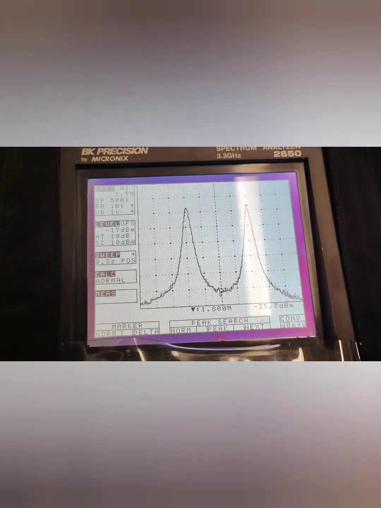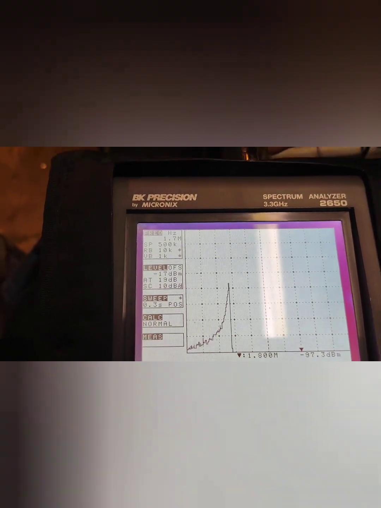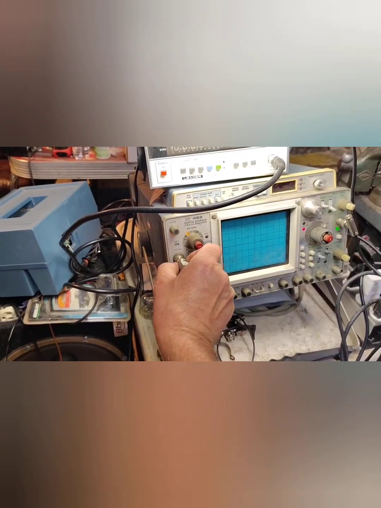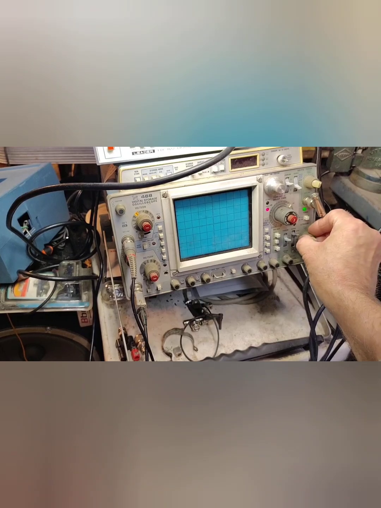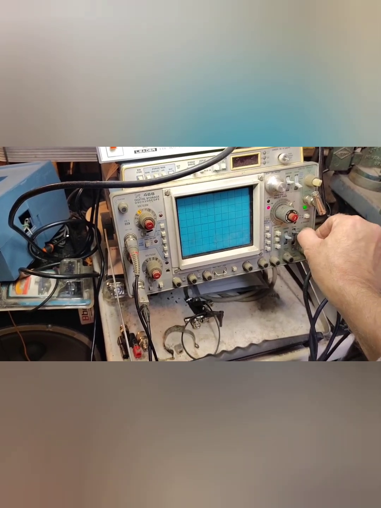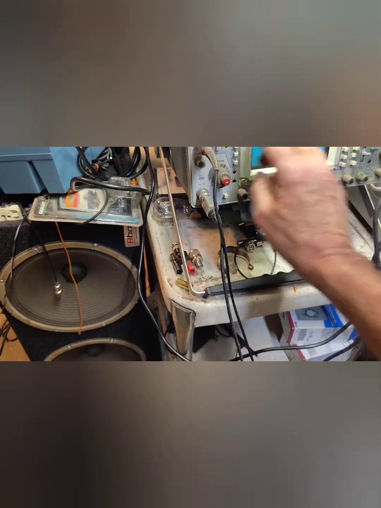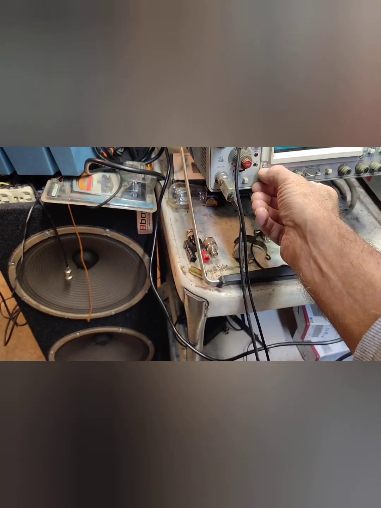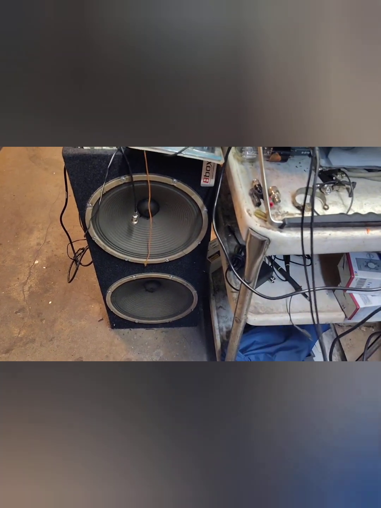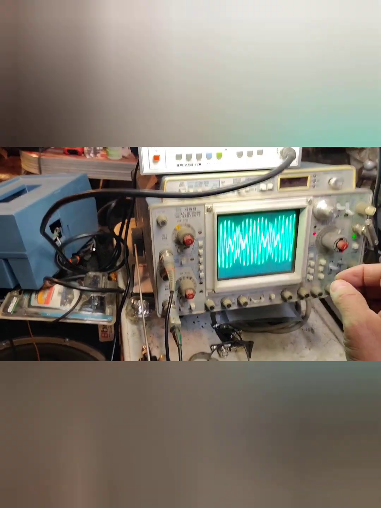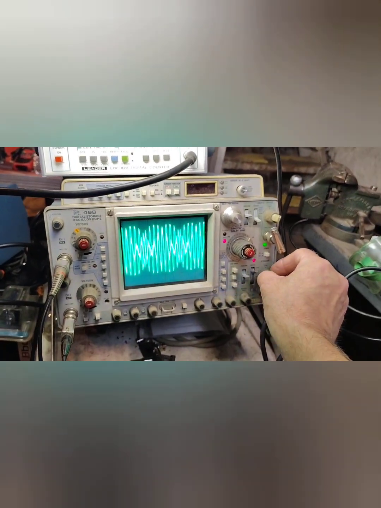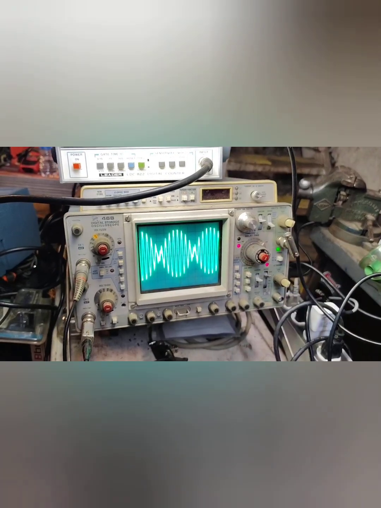So as we are looking, I'm going to replace the connection back into the oscilloscope so we can see. I lost my picture. That's nice. Now here it is. There you go. Okay. I will adjust the triggering, and there it is.